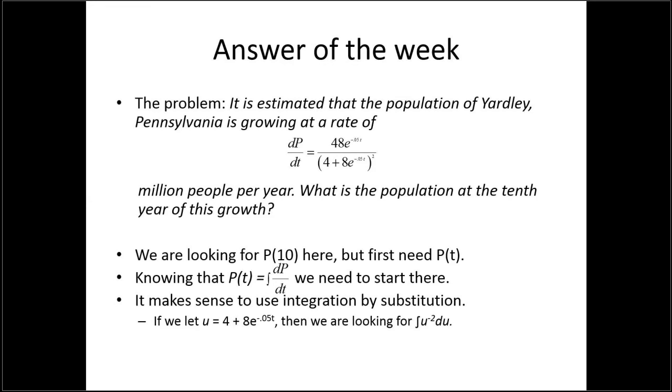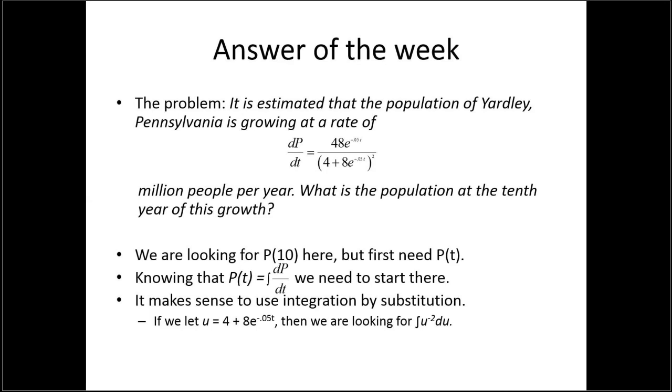Okay, now why is that? If you rewrite this as 4 plus 8e to the negative 0.05t, to the negative second, times 48e to the negative 0.05t, then it really looks like u to the negative second du. And why is that the case? That's the case because the derivative of an exponent is the same exponent times a certain constant.